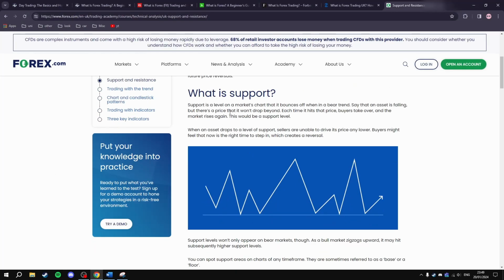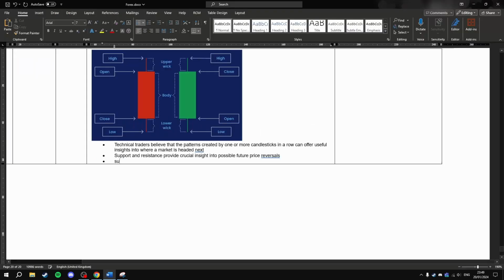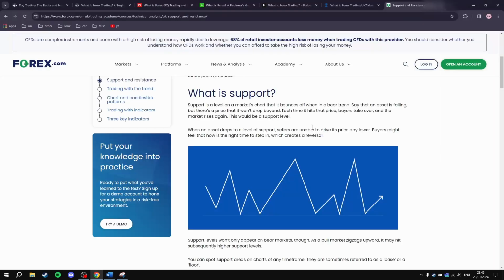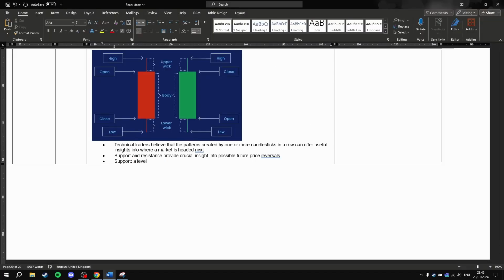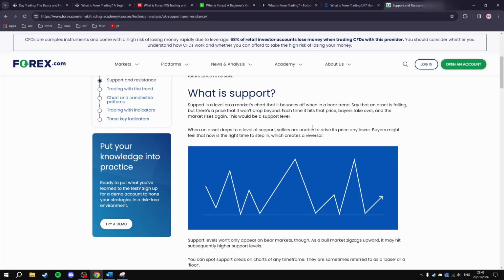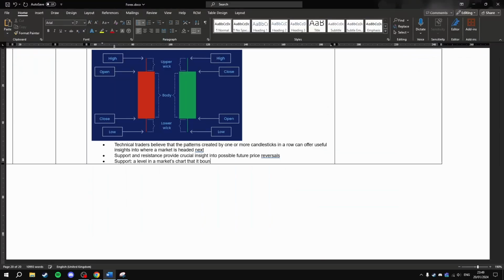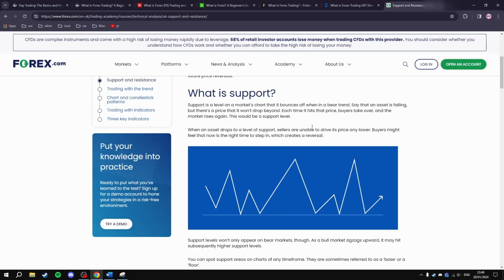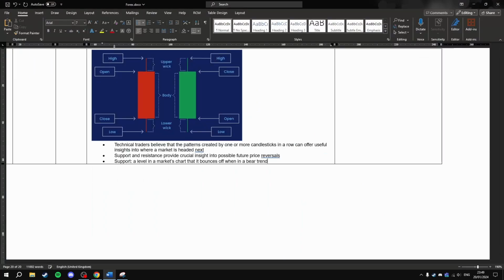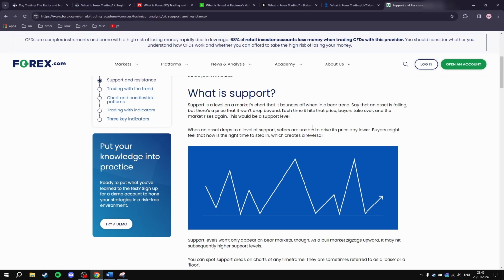What is support? Support is a level on a market's chart that it bounces off of when in a bear trend. Say that an asset is falling, but there's a price that it won't drop beyond.